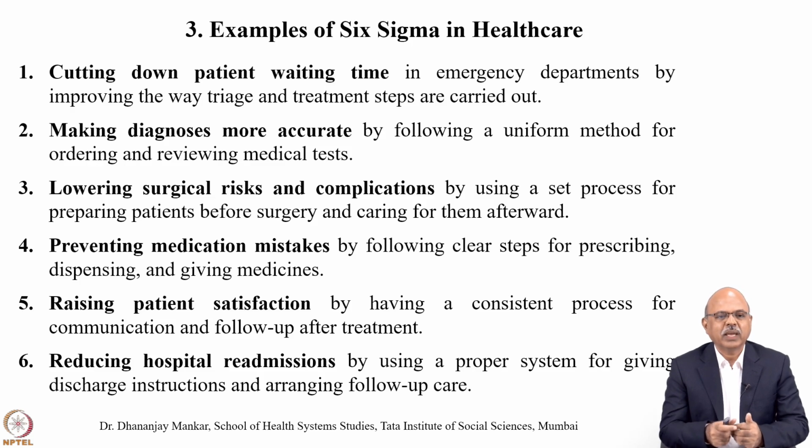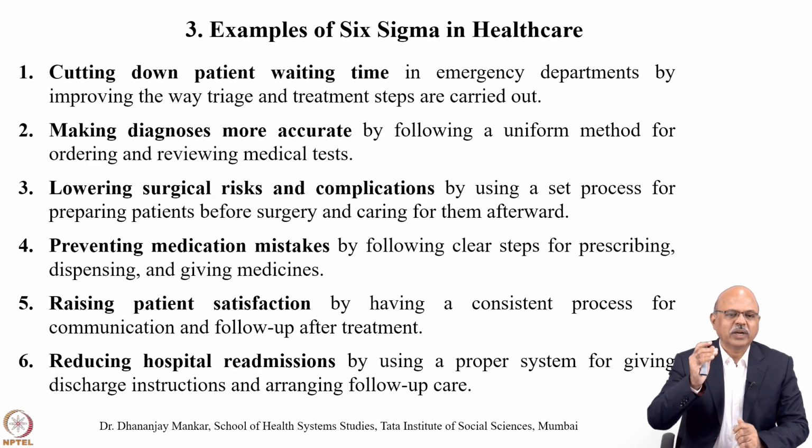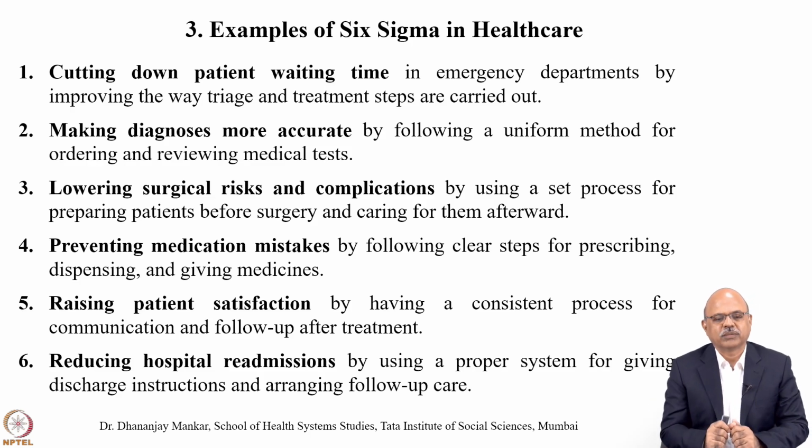Next example is making diagnosis more accurate. The most important part for a physician is working on the diagnosis. So can Six Sigma improve it? Yes, it can. Can it make it more accurate? Yes, by following a uniform method for ordering and reviewing medical tests in order to understand the possible diagnosis.